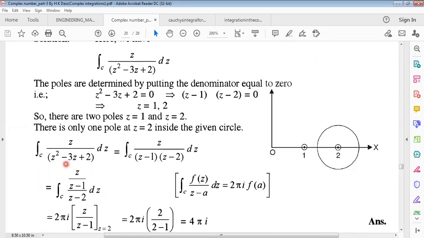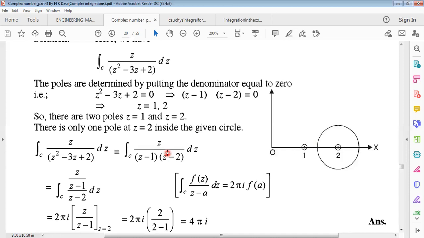So the given integration, z divided by z square minus thrice z plus 2 dz, can be written as z divided by z minus 1 into z minus 2 dz.